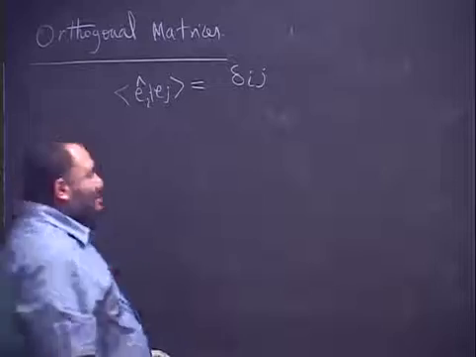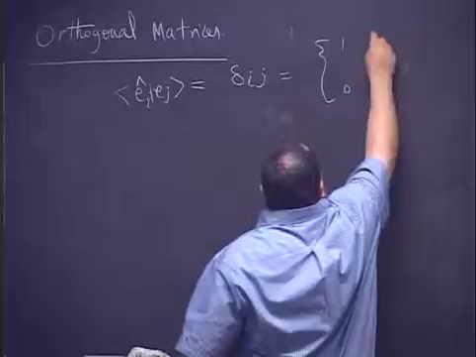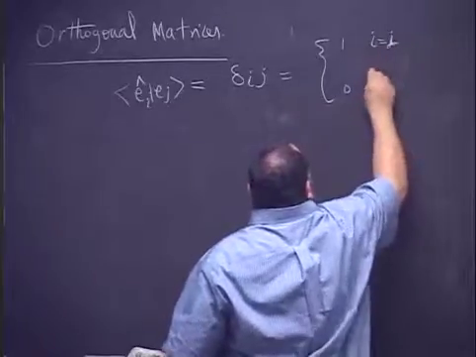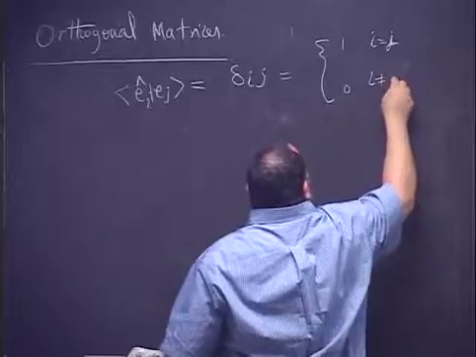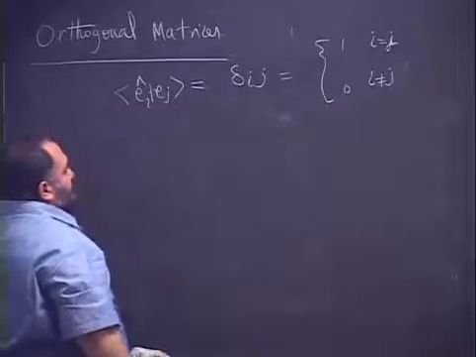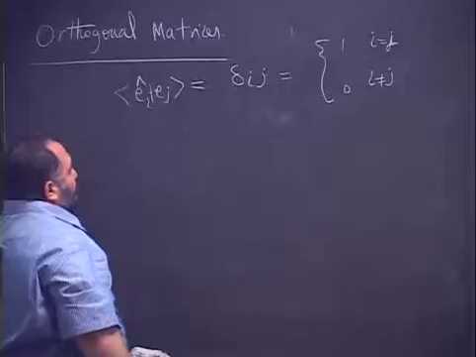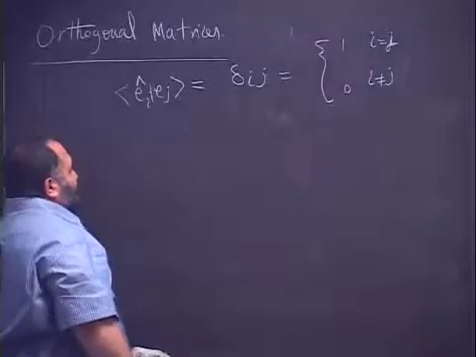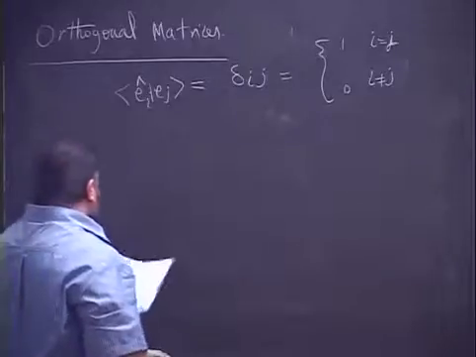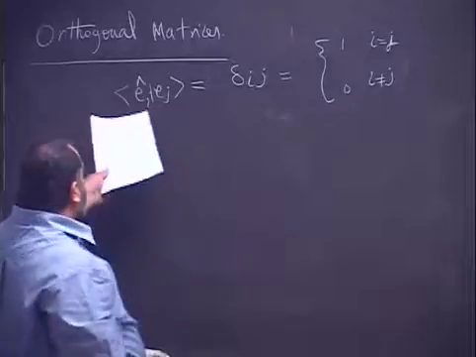Canonical delta function. And this is equal to what? Either 1 or 0. 1 if i equals j, and 0 otherwise. So we will define here, this is for vectors.